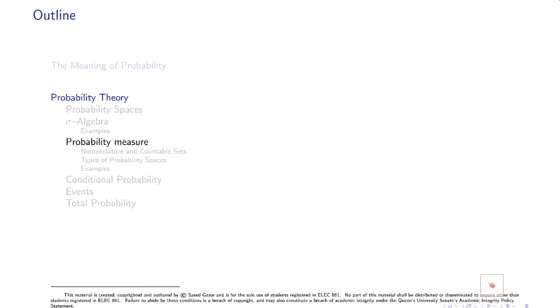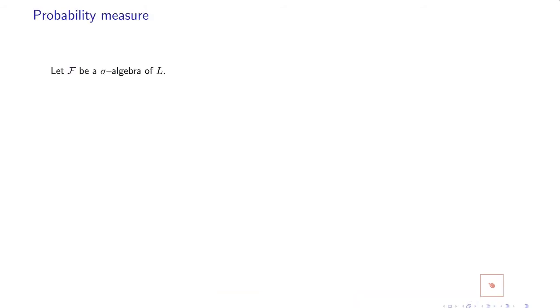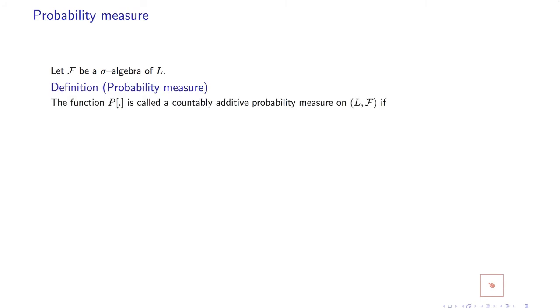Now, the last element is a probability measure, for which we will have lots of nomenclature. Let's say we have a sigma algebra over L, and we define a probability measure. A probability measure is called a countably additive probability measure if it has three properties. In your undergrad course, perhaps you learned these as axioms.